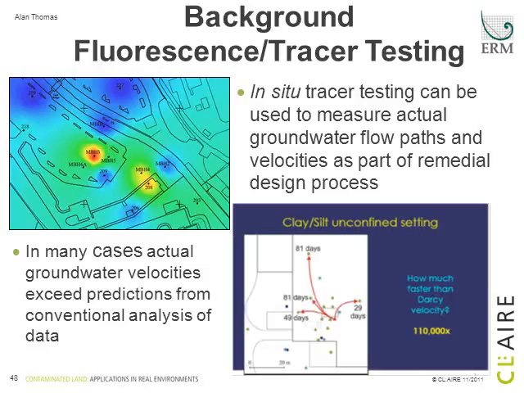Other approaches that can be very useful in in-situ treatment design include the use of background fluorescence or tracer testing. When some of these tracers are put into typical subsurface environments, you can see that the actual groundwater velocities exceed predictions from conventional analysis of the data.